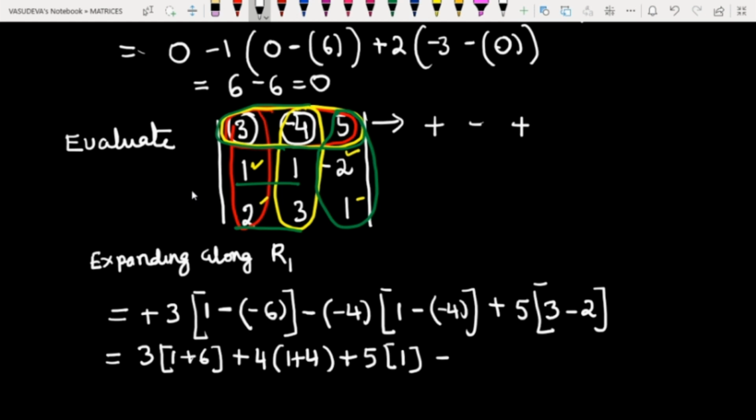Simplifying again: 3 into 7 plus 4 into 5 plus 5 into 1 is 5. That is equal to 21 plus 20 plus 5, which is 46.